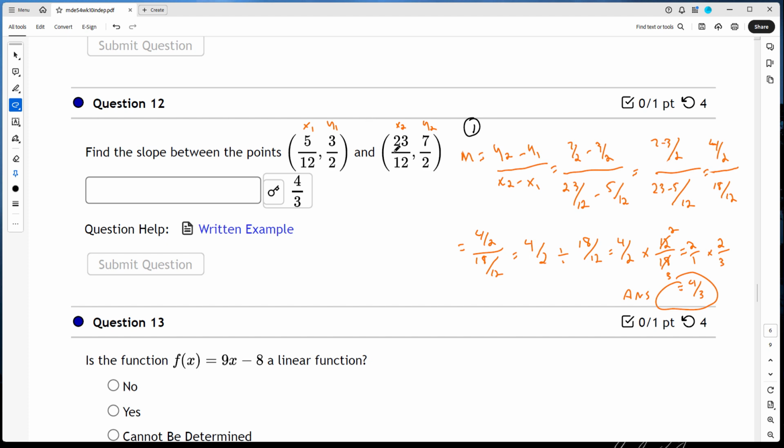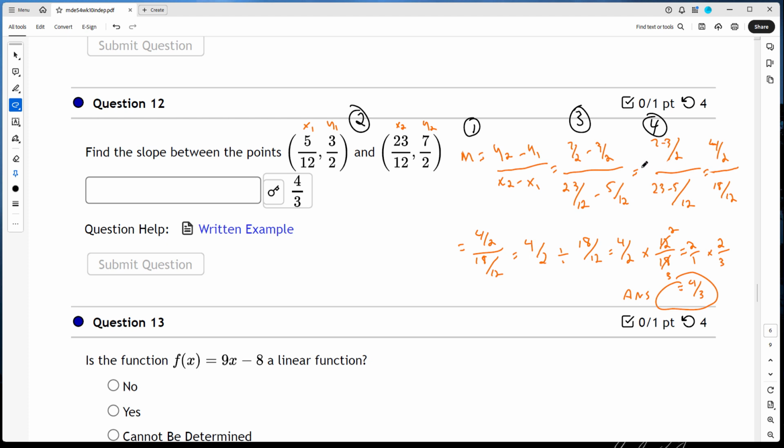Okay, for this one here. So I wrote my formula, I assigned values to my variables. Then the third thing I do is I plug into the formula. And then the fourth thing here is I simplify it, take into account that it's fractions.